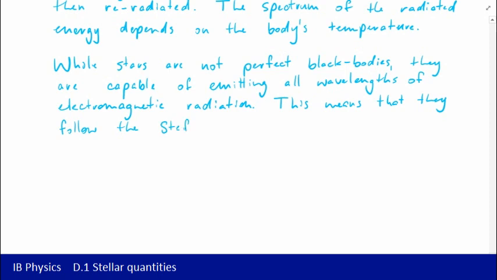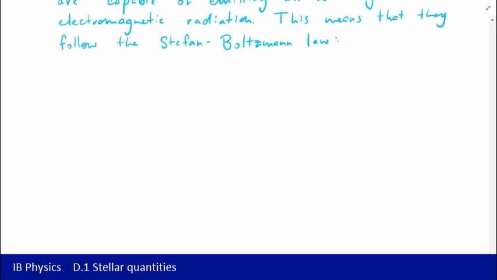That basically means that we can map the temperature of an object to the luminosity of the object itself. So when we're dealing with stars, the equation we're interested in is luminosity is equal to sigma A T to the power of 4. Again, refer to subtopic 8.2 for a bit more detail on that equation.